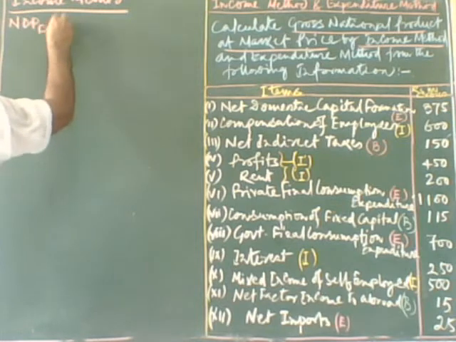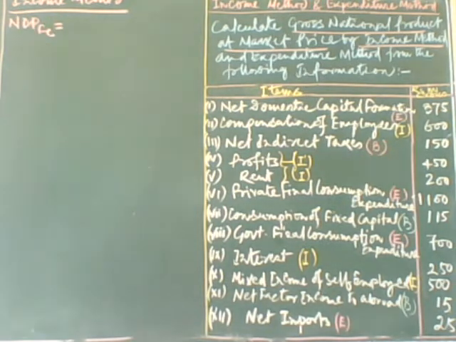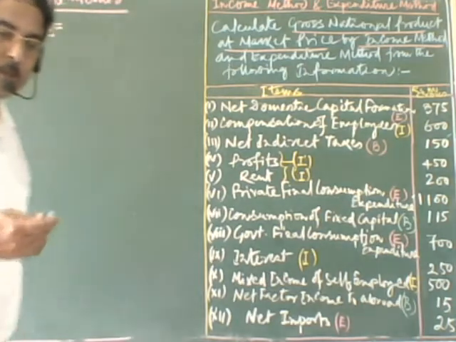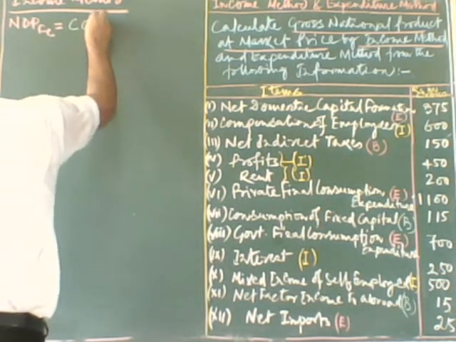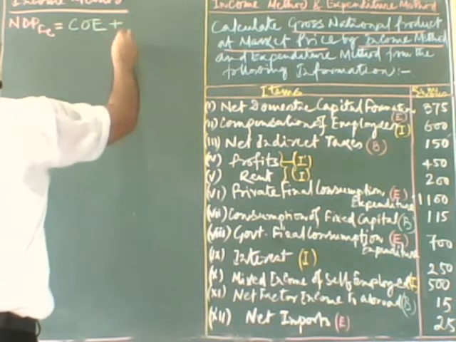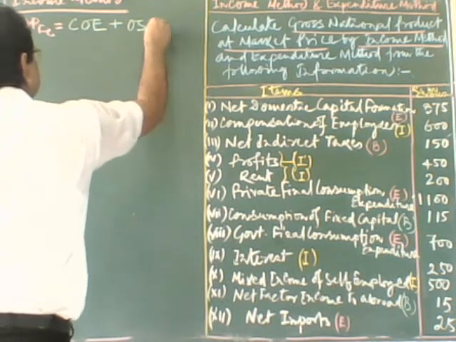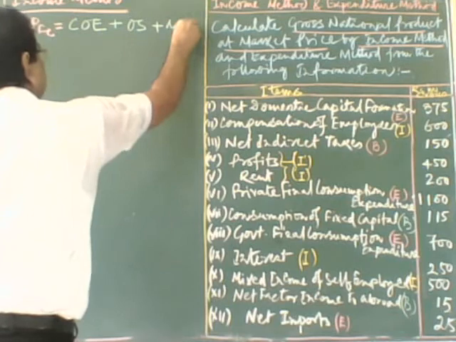NDP at factor cost is equal to what? In the NDP at factor cost, there are three main components, that is compensation of employees plus operating surplus plus mixed income.